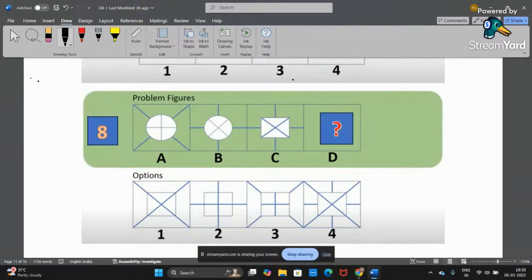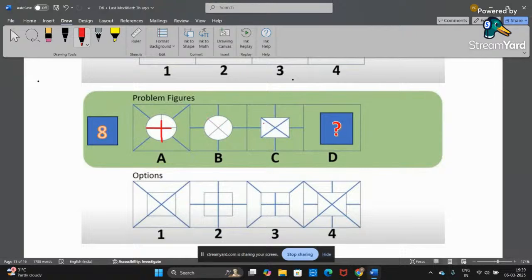So in this, first we'll find the answer separately. This circle and plus mark is tilted, right? In how much degree? It is tilted at 45 degrees.